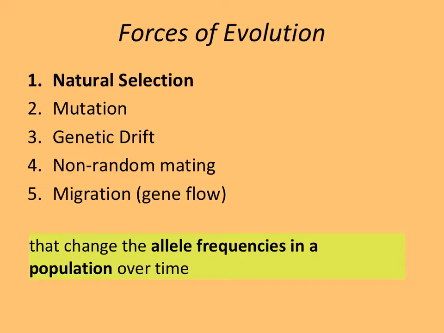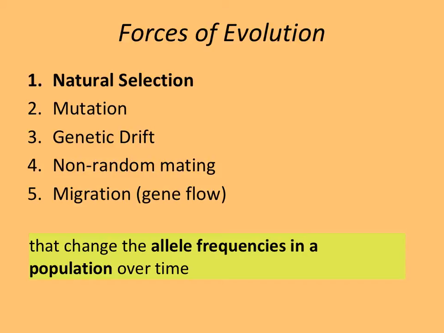Of course, if you have enough individuals, you'll get a certain number of mutations. Mutations by themselves will change the alleles in a population, adding new alleles, right? But it does it very, very slowly, unless it's under the force of natural selection. And then bad mutations are quickly weeded out, and good mutations become more common.